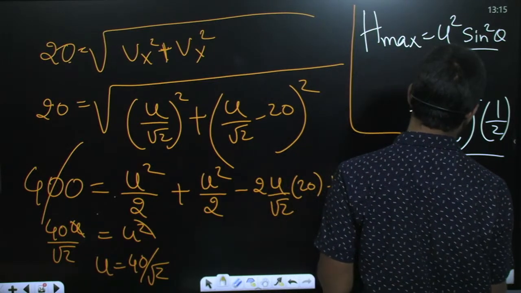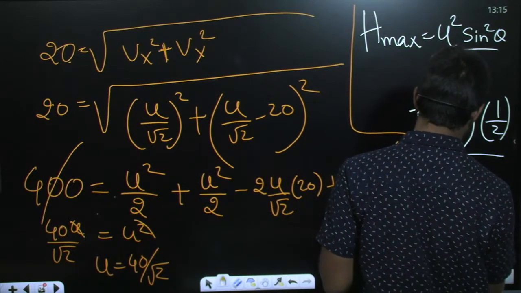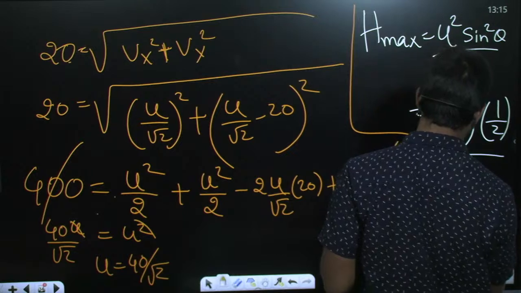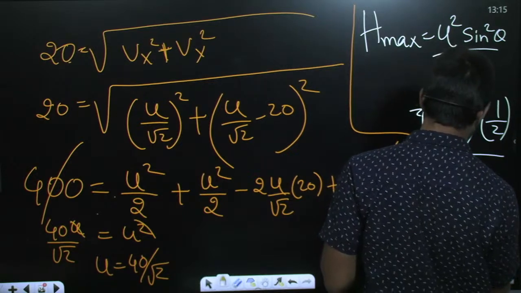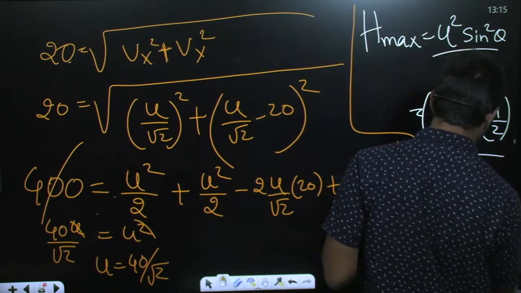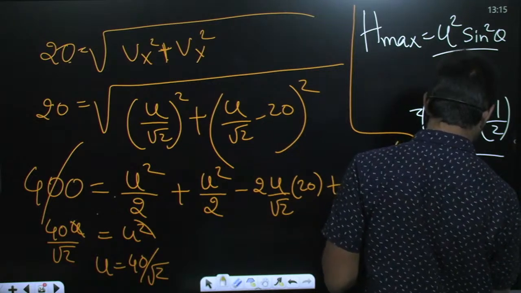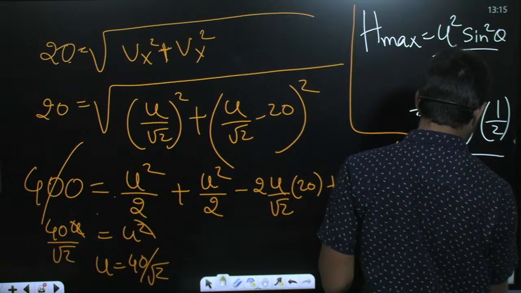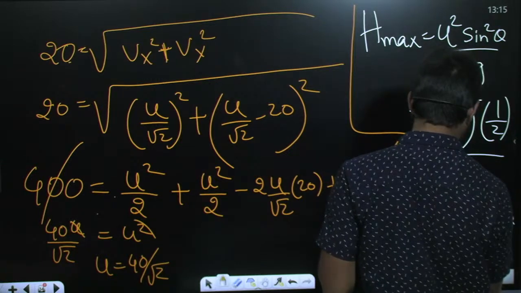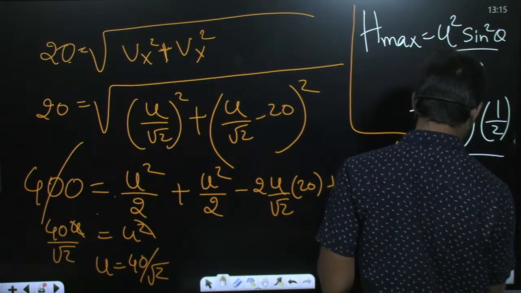So how much do you get? 1600 by 2 into 1 by 2, that is 4, 4 fours are 16, by 20.